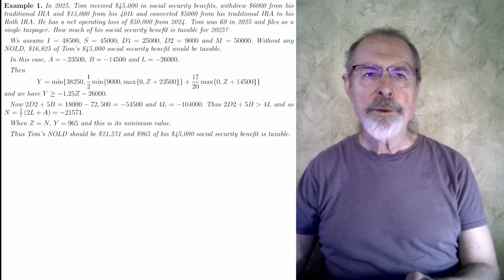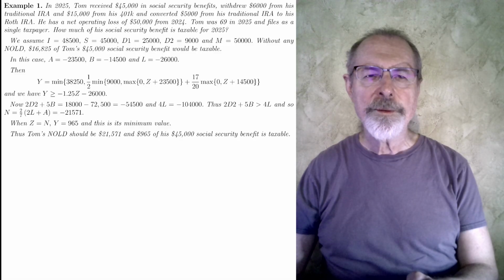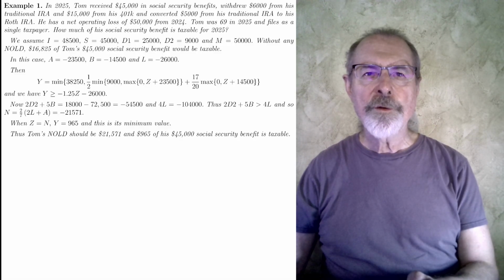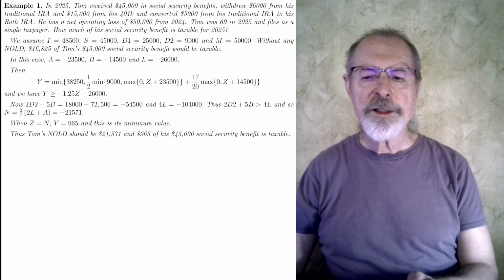So without his NOL carryover, $16,825 of his $45,000 benefit would be taxable. And here A is minus $23,500, B is minus $14,500, and L is minus $26,000. So you can see that there's a formula for how much of his benefit is taxable.